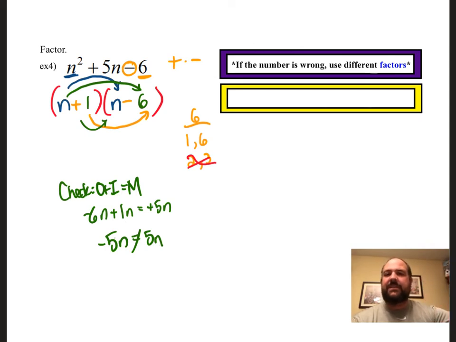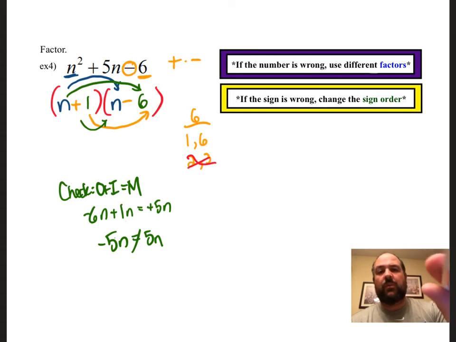This fix is a little bit easier to make, because if I get the wrong signs, what I want to do is change the sign order. Instead of having the plus in the first set of parentheses and the minus in the second, let's switch them. We're going to change this from plus 1 to minus 1, and make this a positive 6 rather than a negative 6.